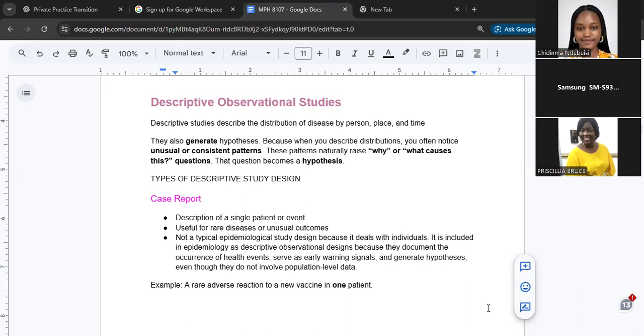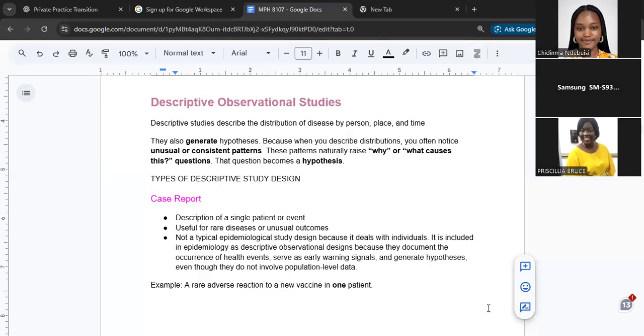And before you know it, it's everywhere, and then it becomes a population-based problem or disease. So you see why, even though case reports focus on one patient, we still term it an epidemiological study design.